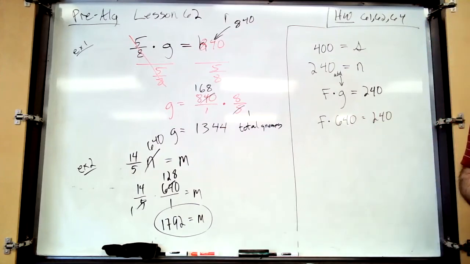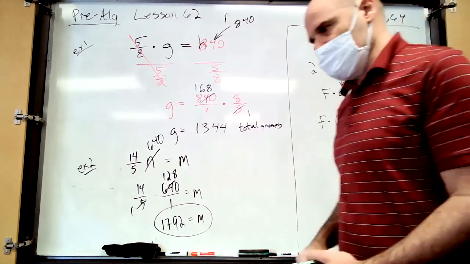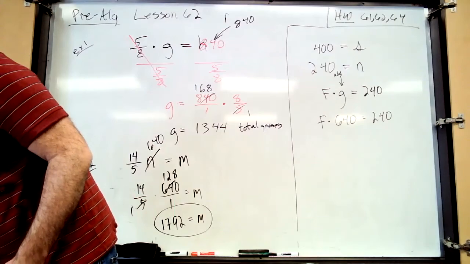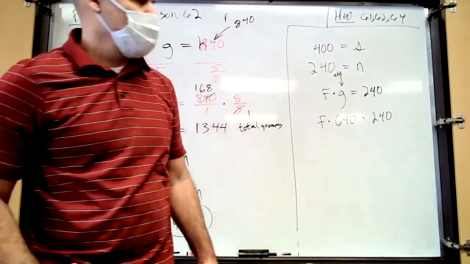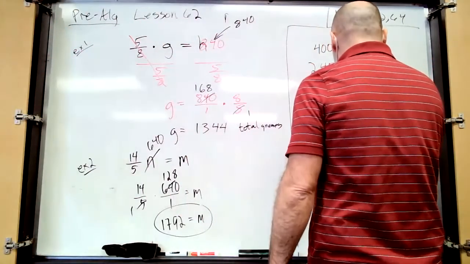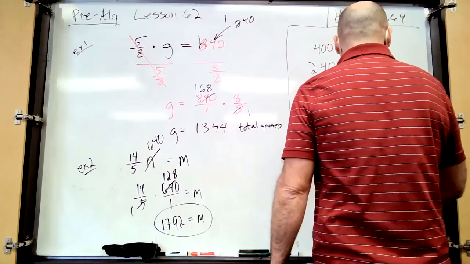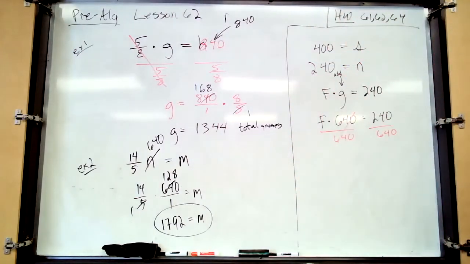Now you have to do some dividing. Divide both sides by 640. That's what I did, and I got 2 1/3, coach. You divide by 640. So what you did is you did 640 divided by 240.